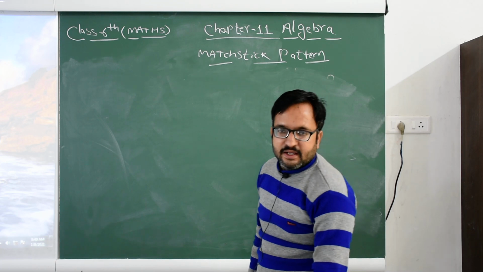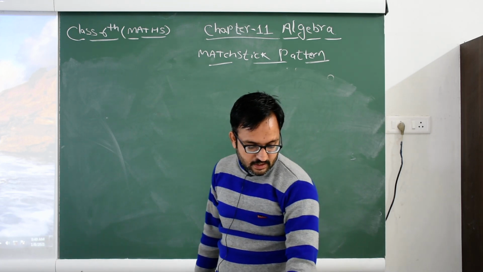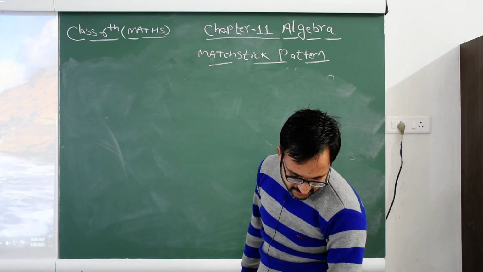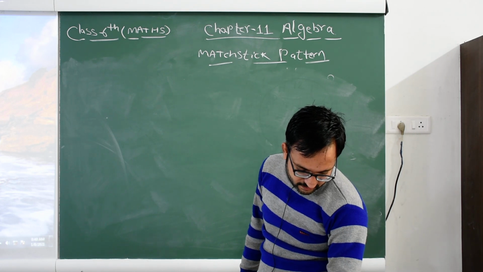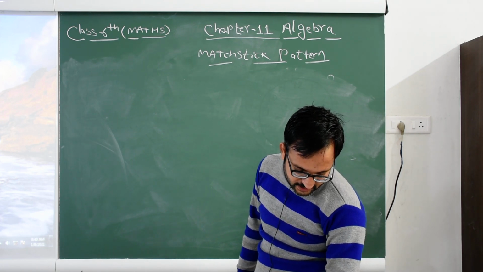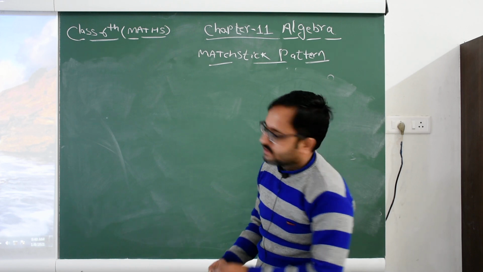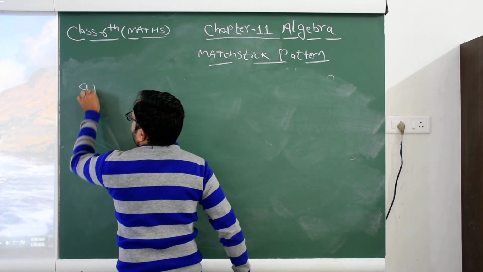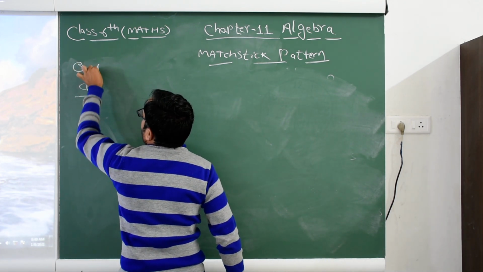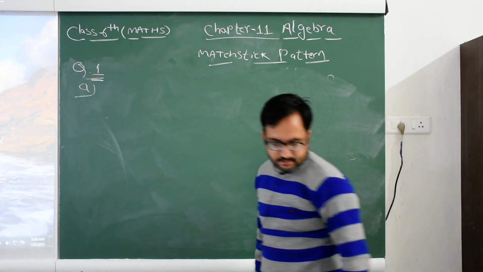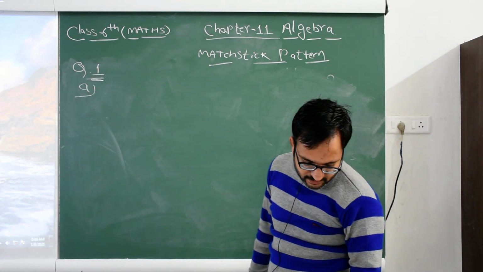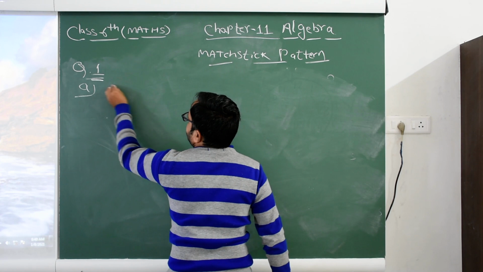Find the rule. Question number 1. Find the rule which gives the number of matchsticks required to make the following matchstick pattern. Use a variable to write a rule. So now we write a rule for a particular symbol. Your first letter is T.